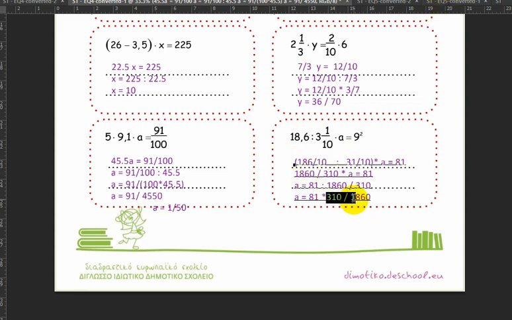I can simplify this fraction by dividing both numbers by 310, and they become 1/6. Yeah, actually 1/6.